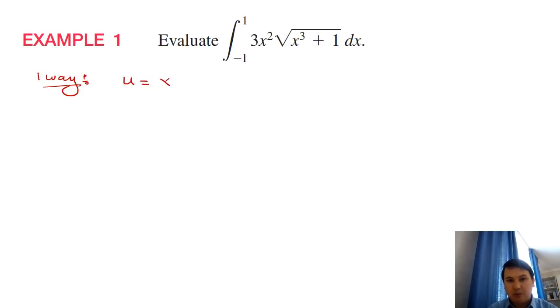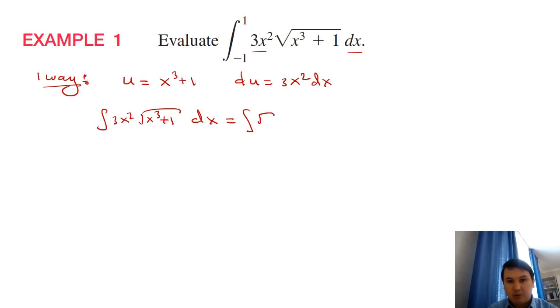We can do u equal to x cubed plus 1, which gives us du equal to 3x squared dx, and we already have 3x squared dx, so that goes into du. So let's compute the indefinite integral first. This integral simply becomes, after this substitution, square root of u du.